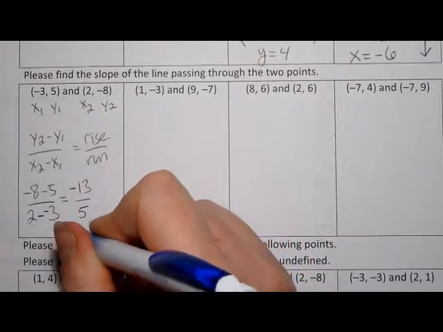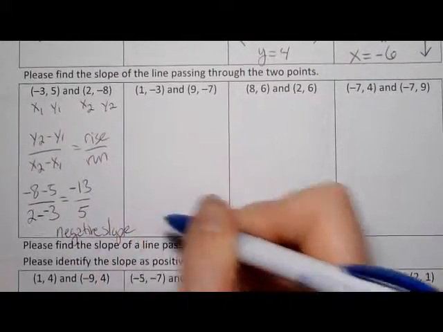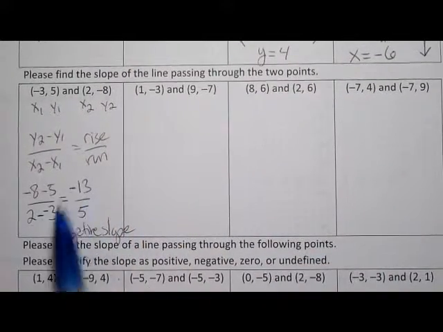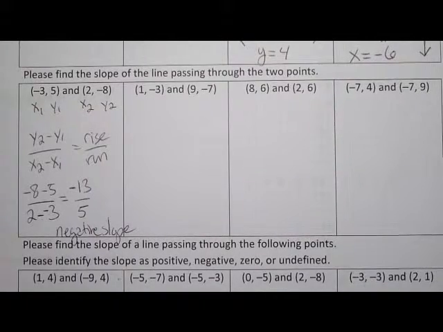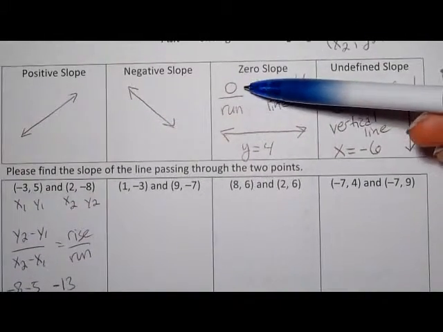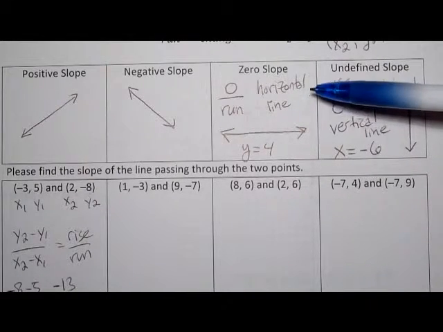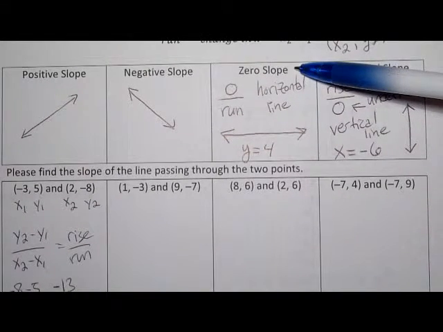This is a negative slope because we have a negative out front. I can repeat this through each of these examples, evaluating for the slope. If I end up with a 0 in the numerator, then my slope is 0, and it is called a zero slope.